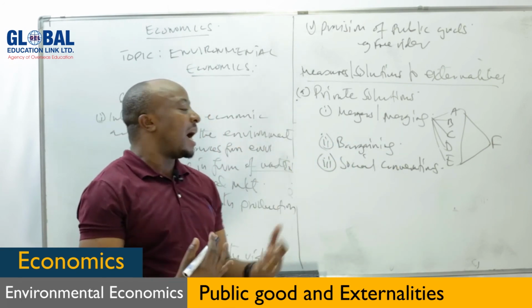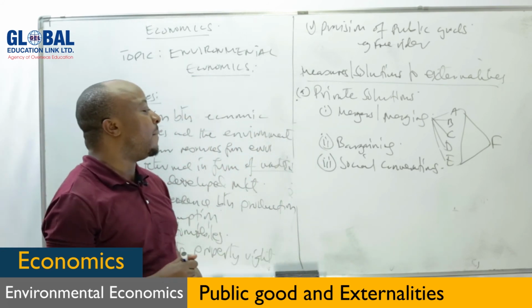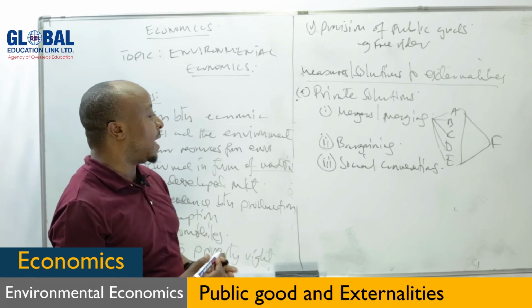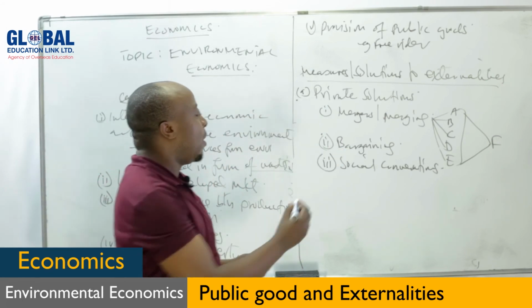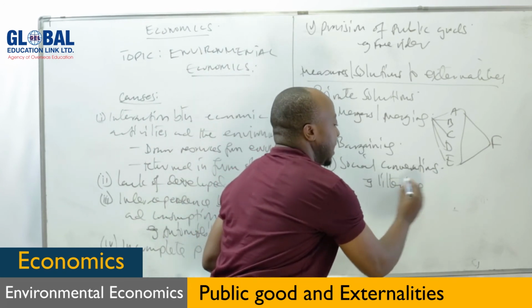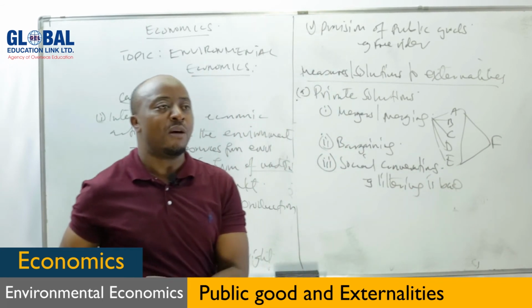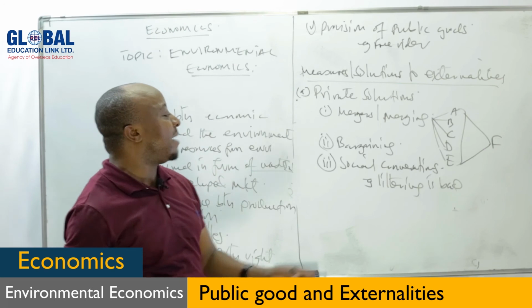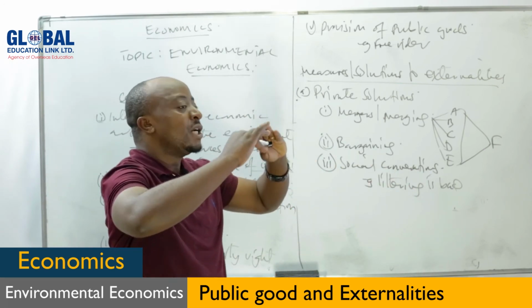So we can teach our kids in schools, and give them ways to motivate them against polluting the environment. For example, we can use this phrase: littering is bad. From kindergarten, they can be taught that littering is bad, so whenever they grow, they know that littering is bad.